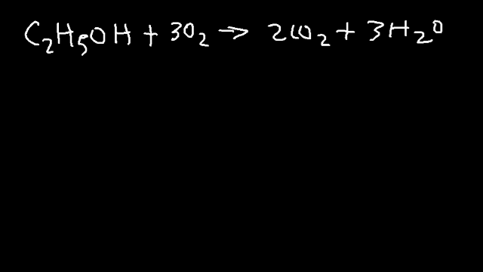Now let's say you're given the heats of formation for every compound in this reaction. For ethanol, the heat of formation is negative 280. Let's use a nice round number. For CO2, let's say it's about negative 390. And for water, the heat of formation is negative, let's say 290.